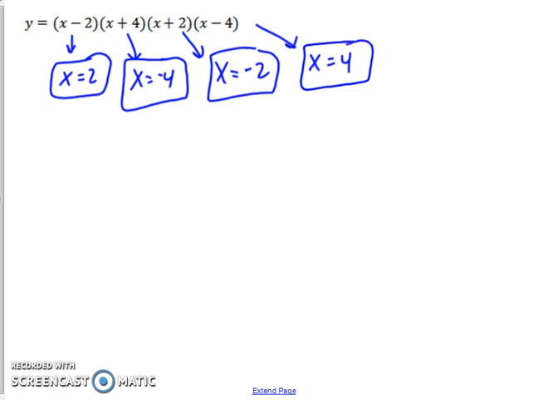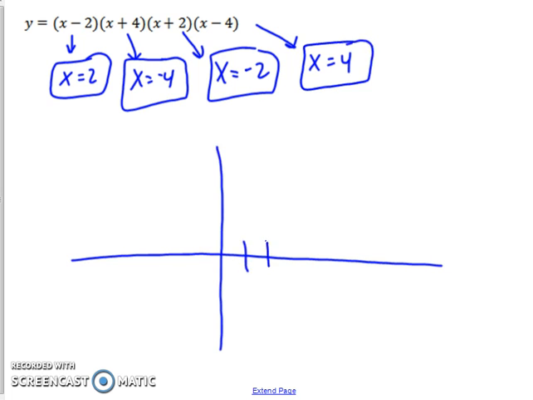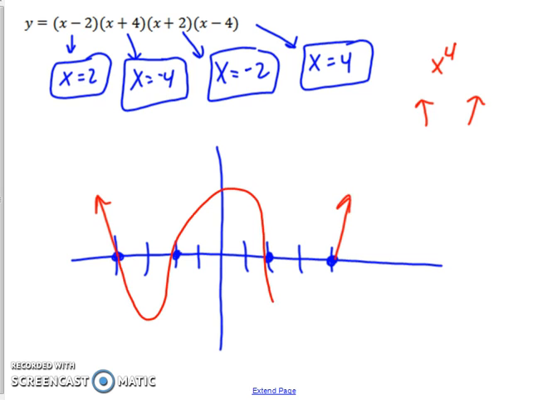So when we go to graph this one, I have positive 2, I have negative 4, I have negative 2, and I have positive 4. Okay, there's 4 x's, so I have x to the 4th. All of the coefficients of the x's are positive, so both ends are going to point up. So this end points up, this end points up, and then I follow the shape. And there's my sketch.